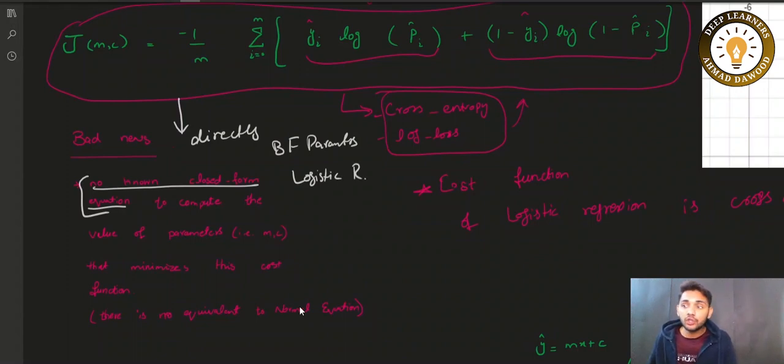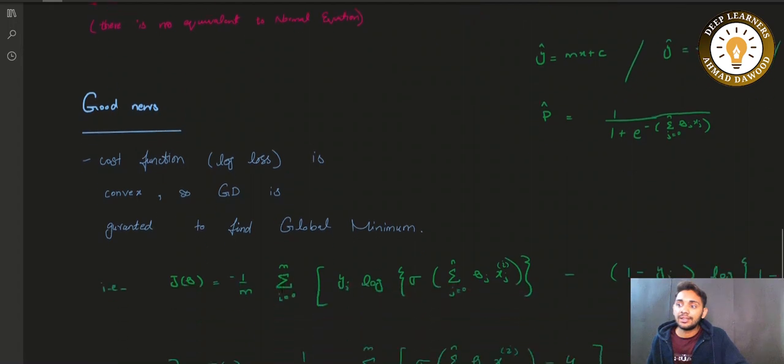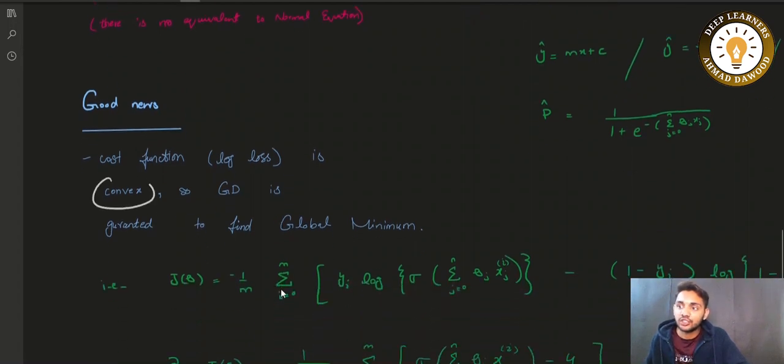But the good news is that the log loss cost function is convex. If this function is convex, then it is guaranteed that it has a minimum point, a global minima, and you can find that global minima by running the algorithm we already studied in the case of linear regression, gradient descent.